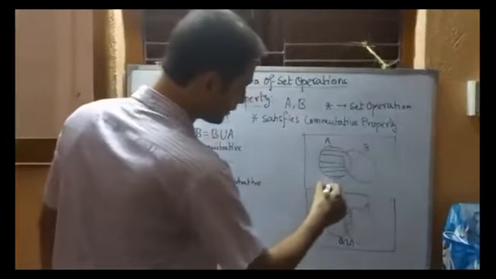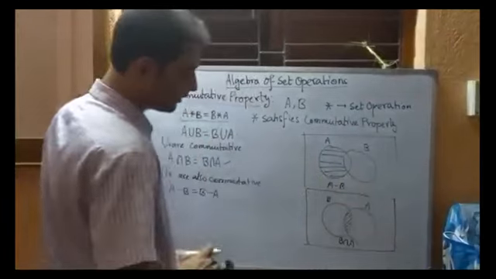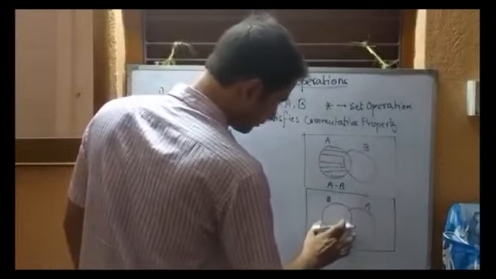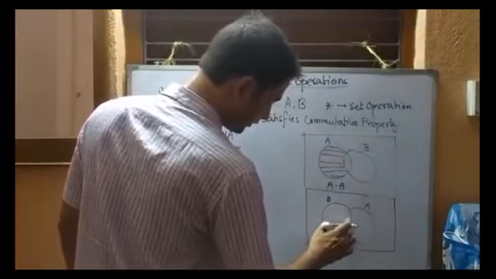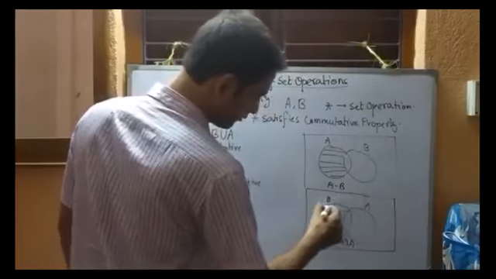So this portion is A difference B, and also for the region of B difference A, we will get this one.